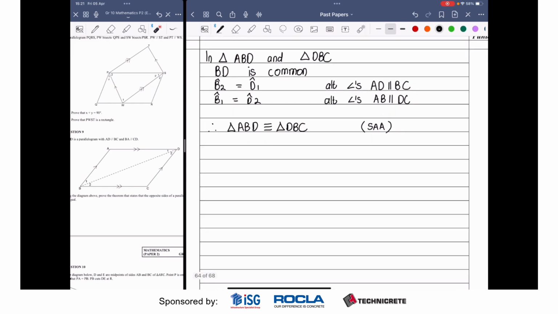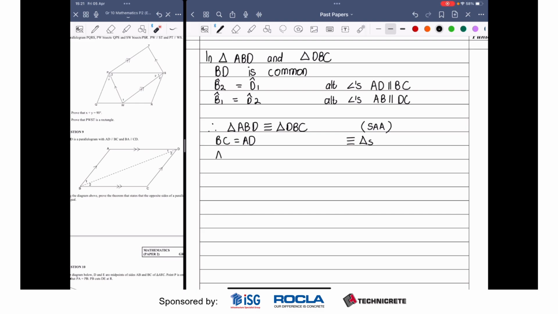Okay, then next, if I have the congruent triangles, I can say that the relevant sides are equal. So for example, the AB is going to be equal to the DC in length, and the AD is equal to the BC in length. So BC equals AD, and that's because of congruent triangles.